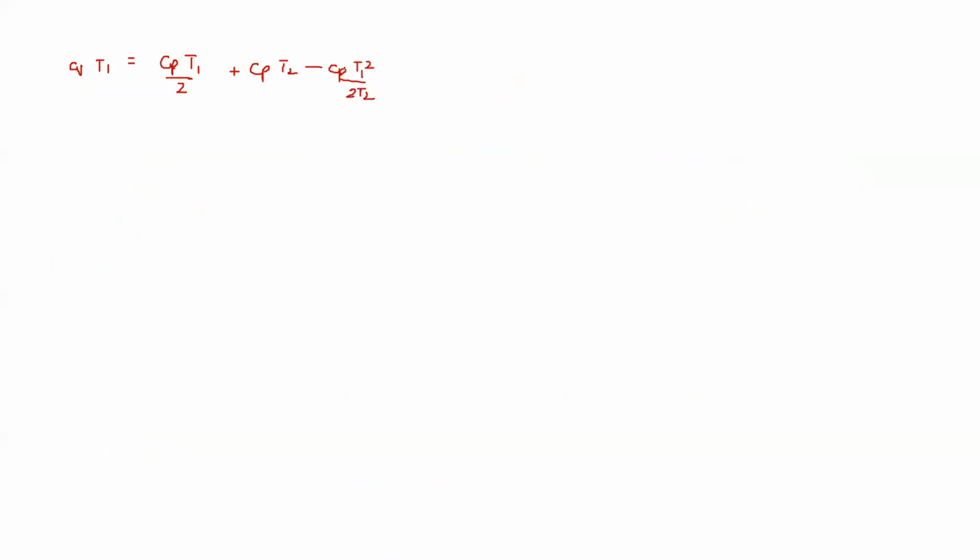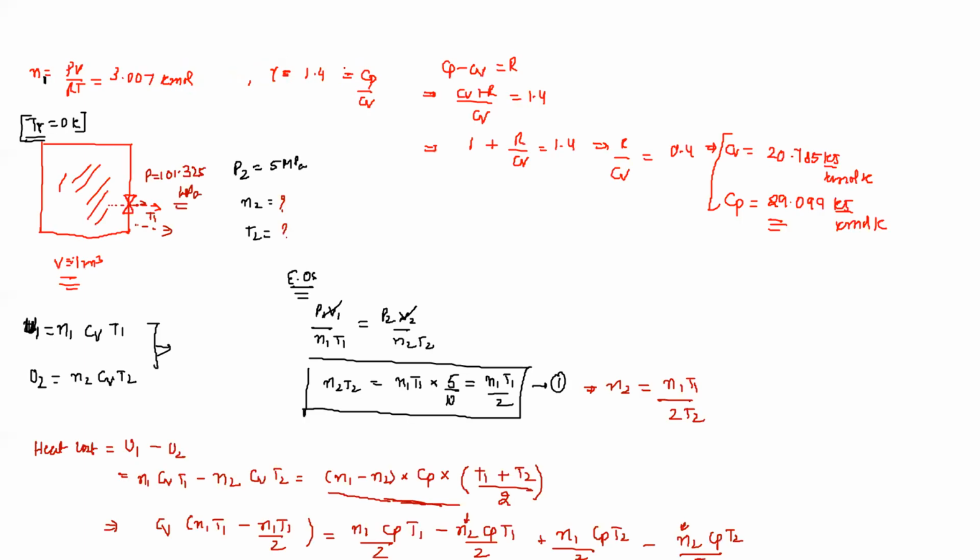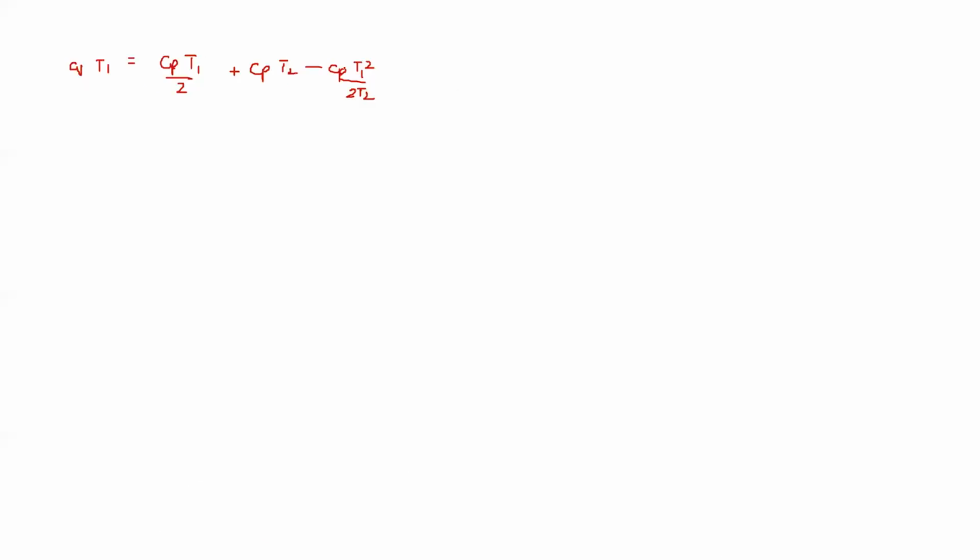So this is the simplified form of this equation after substituting N2 equals N1 T1 by 2T2. When we substitute this and simplify, we'll get this. Now as you can see, when we take the LCM, we'll get a quadratic in T2.